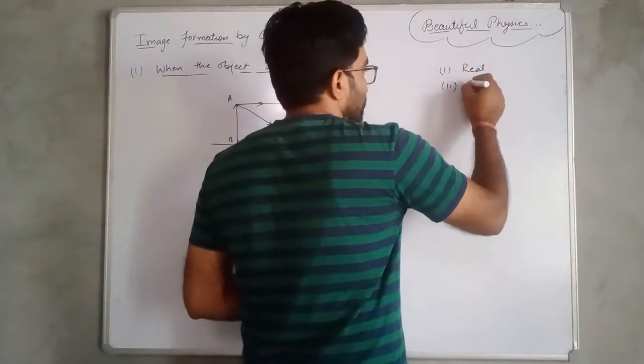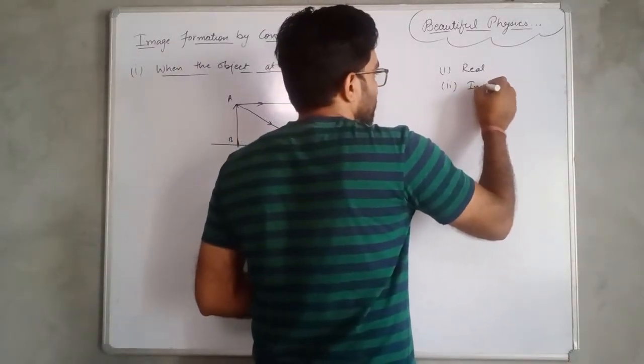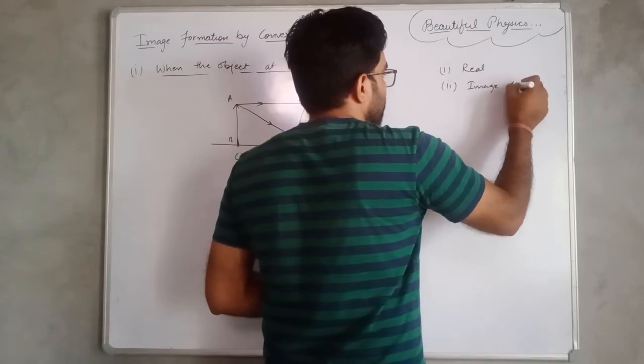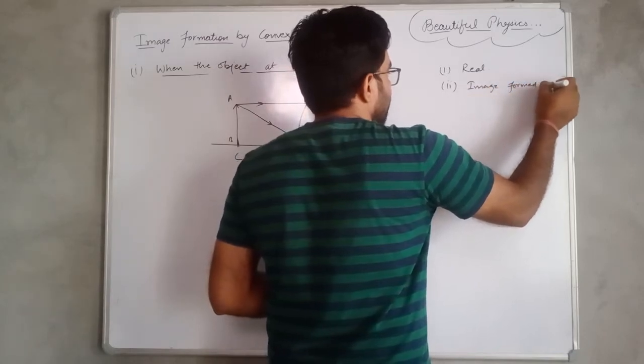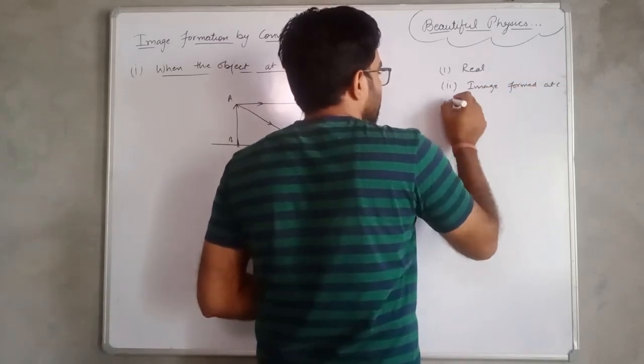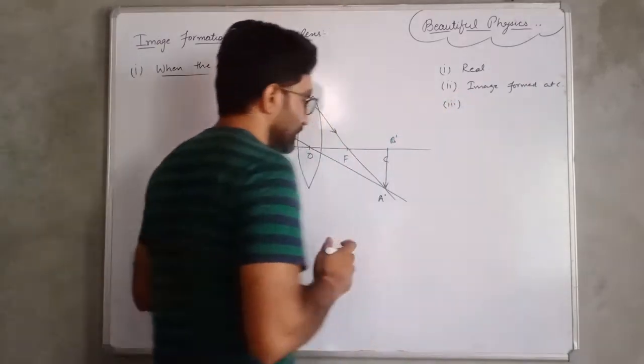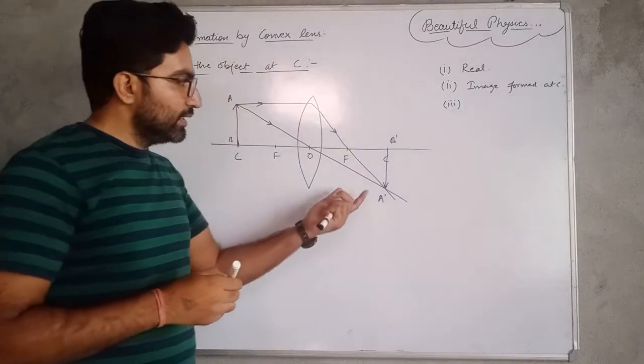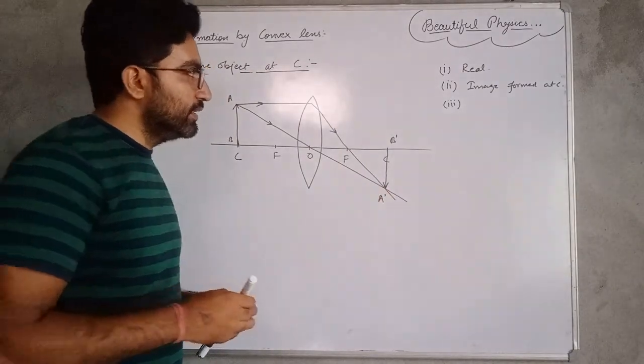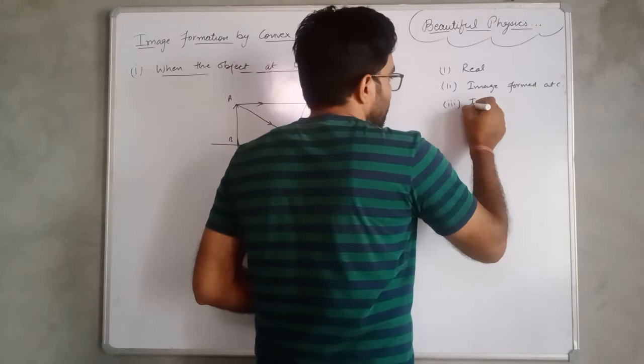So we can write image formed at C. And next one, it can be seen from the diagram that the image formed is inverted.